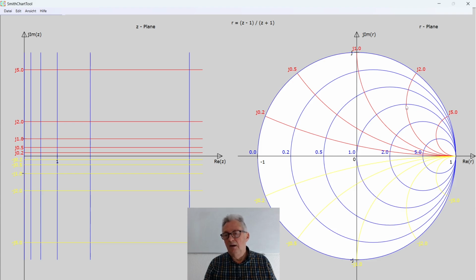Then I can tick this cross here, and the length from this point to the origin of the coordinate system will give us the value of the reflection coefficient. And now you can also measure the angle of the reflection coefficient. But this I want to show you with the help of another program.